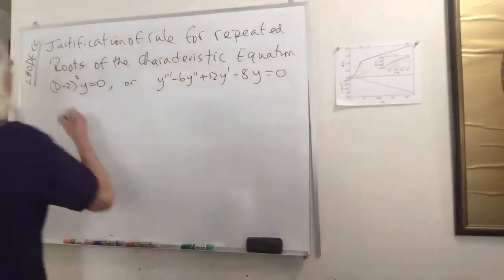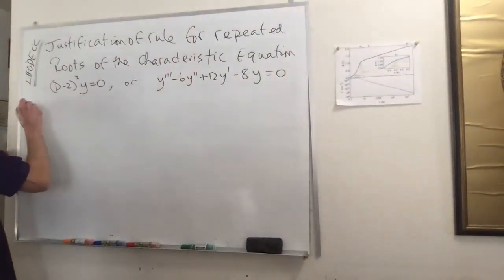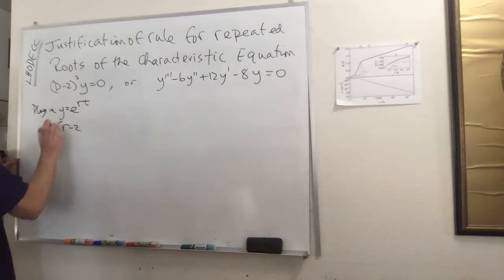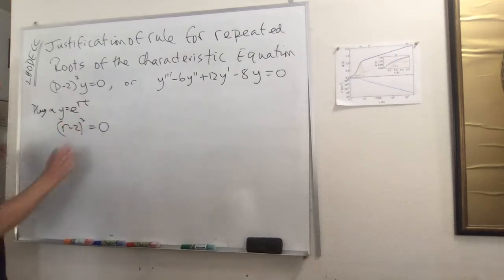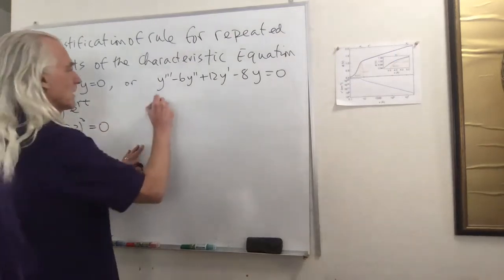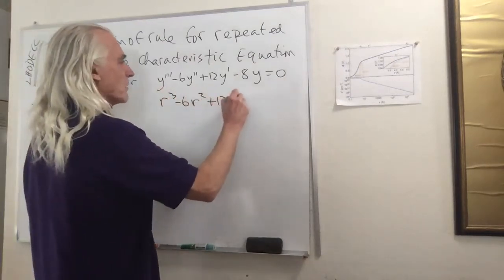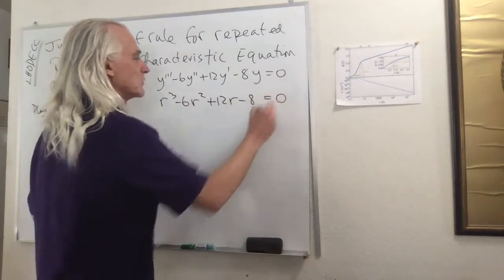So this has the characteristic equation. If I plug in y is e to the rt, I get (r minus 2) cubed equals 0. If I plug that in over here, I get r cubed minus 6r squared plus 12r minus 8 equals 0.